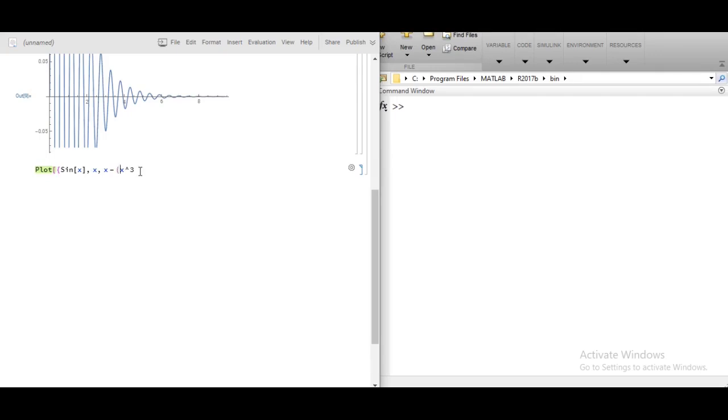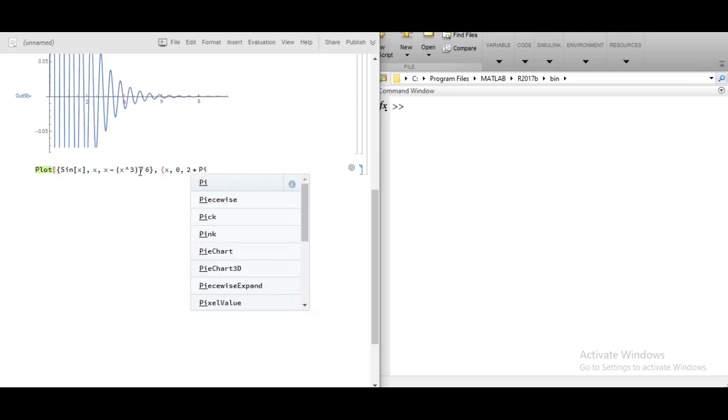Then we will close this curly bracket, then comma, then we write that x will lie from 0 to 2 pi.